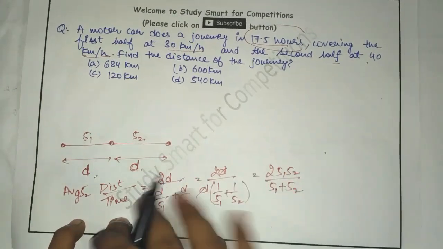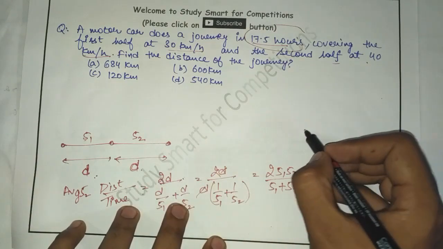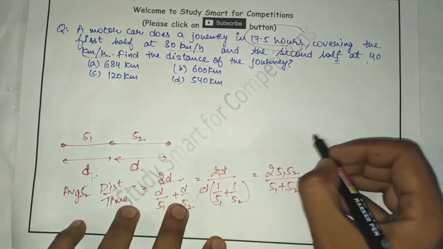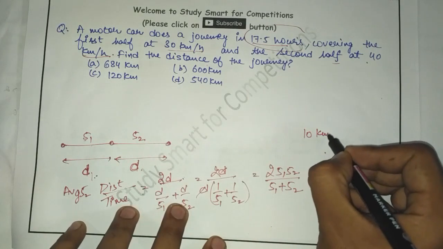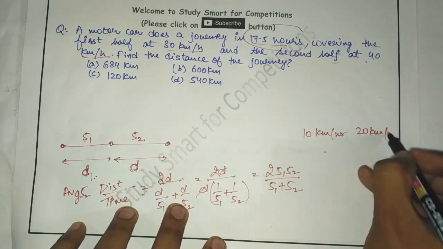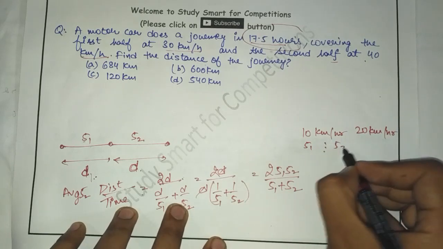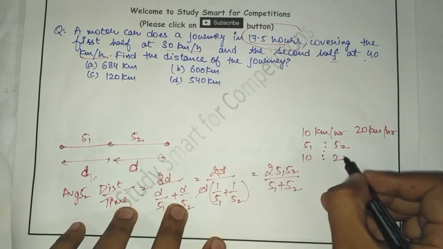But you will find the shortcut here. The shortcut would be like, suppose for example, the speed for the first d is 10 kilometers per hour, and for the second it is 20 kilometers per hour. Now the ratio s1 is to s2 comes out to be 10 is to 20.